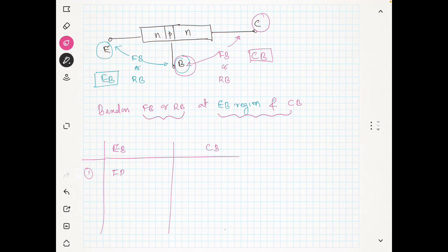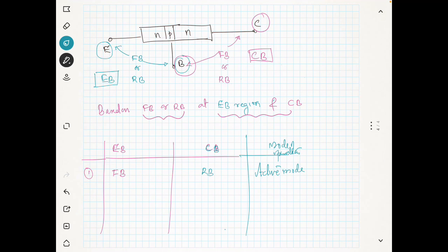If I am giving forward bias to the emitter base region, and reverse bias at the collector base region, we will call the mode of operation the active mode. This is known as active mode.